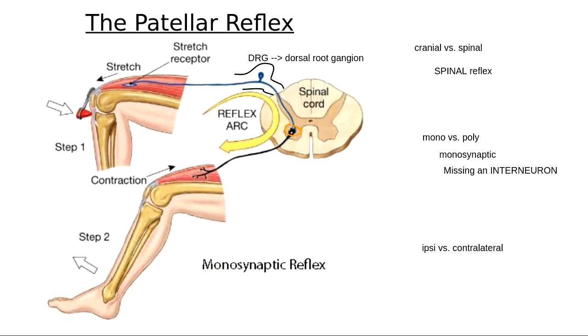So same side is when we use that funky word ipsilateral. Ipsilateral. Same side. Because my sensory information comes in on this side of the spinal cord, I synapse with a motor neuron that lives on the same side of the spinal cord and sends information out on the same side of the spinal cord.